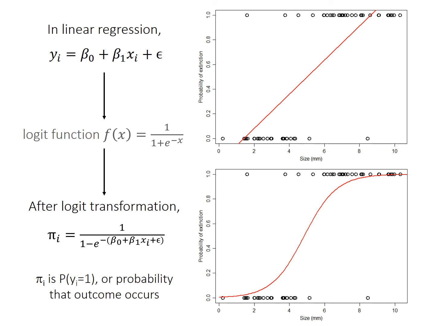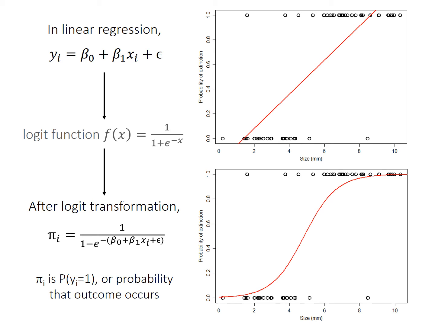So here's how the method works. Remember, the linear regression equation describes the dependent variable y in terms of an intercept, beta 0, a slope, beta 1 times the x value, and then each point is going to have some residual because not all points fall exactly on the line. So if we do that, we get something like the red line in the top graph here, which is obviously not a good description of the relationship.